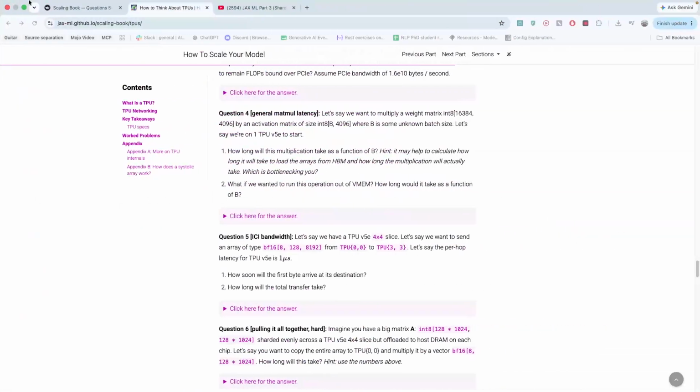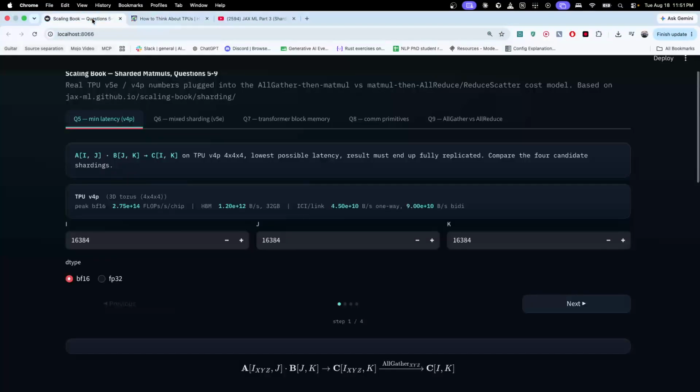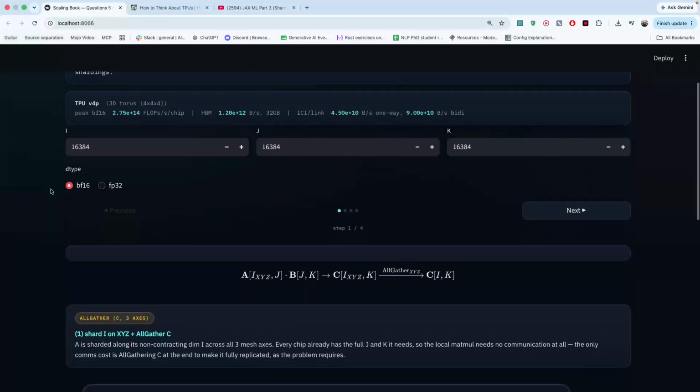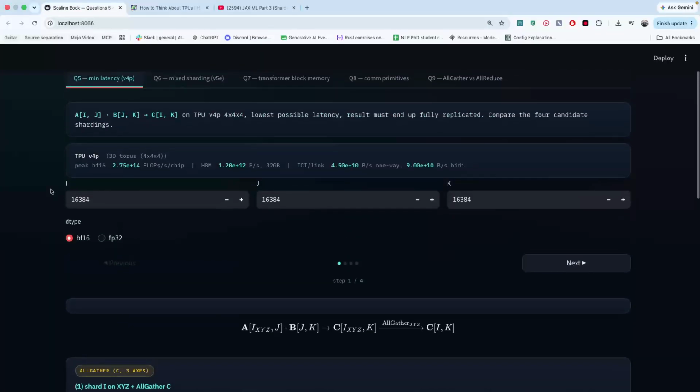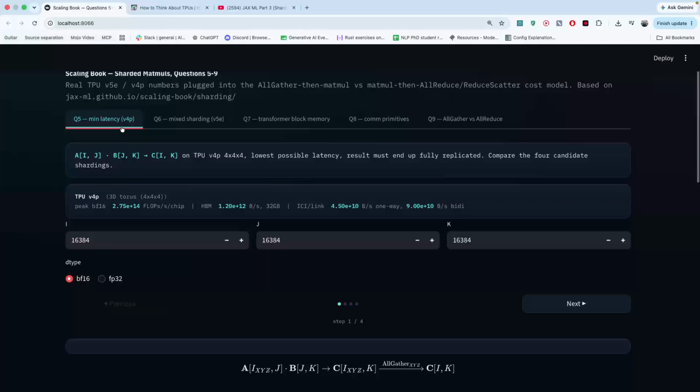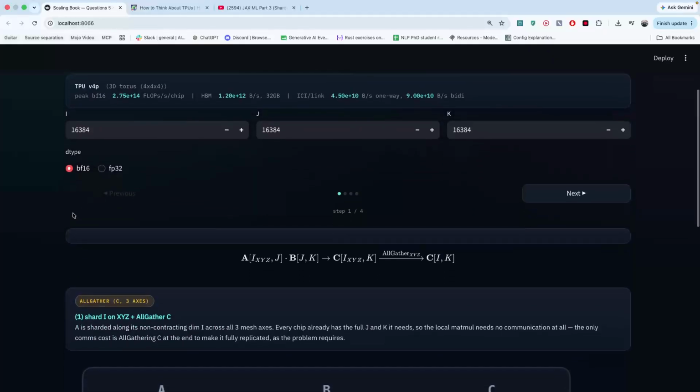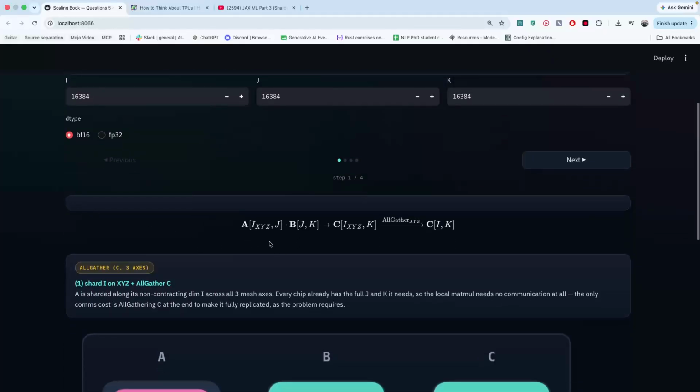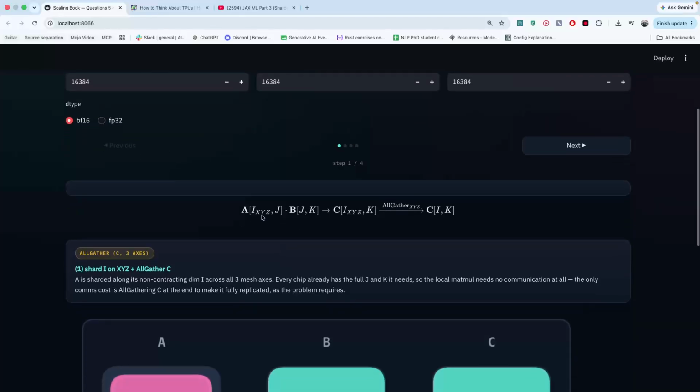We will jump back to one of the visualizations, and in this visualization, this is question number 5. All this code will be available to you, so you can go through and visualize. The first pattern that we will see is pattern I, where we shard the first dimension across the three axes.